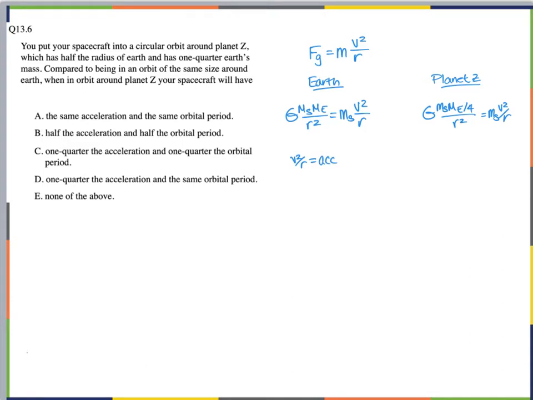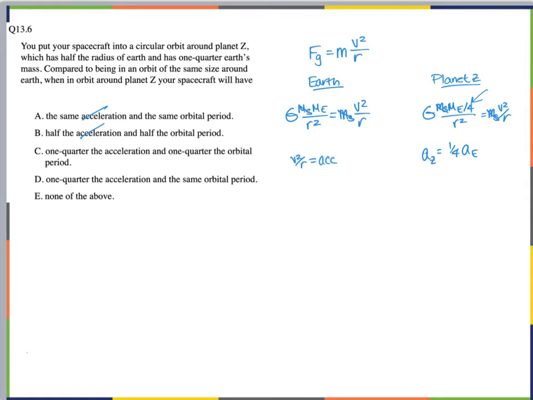If we look at those two expressions for v squared over r, keeping in mind that the mass of the satellite is going to cancel out, we'll see that the acceleration for planet Z is going to be 1/4 of the acceleration for planet Earth because of this 4 right here. And so that allows us to say that these answers, A and B, are not the same.